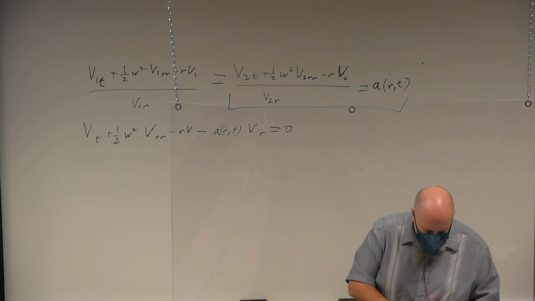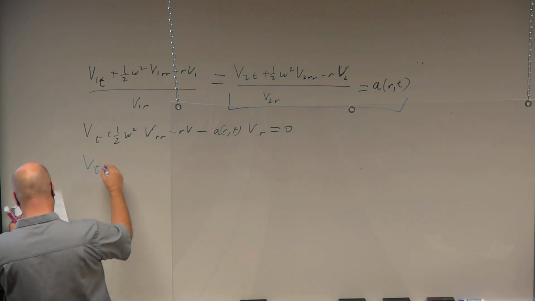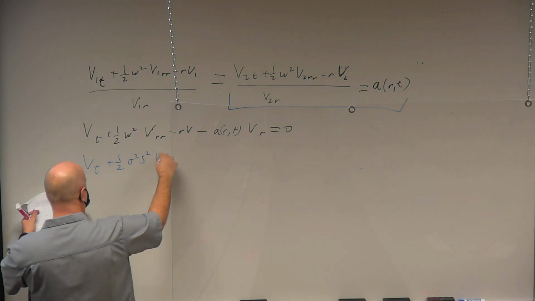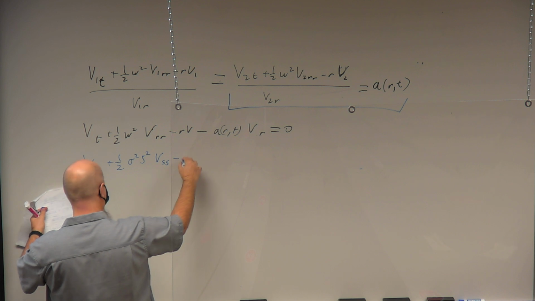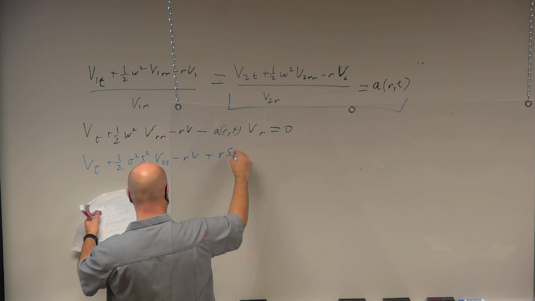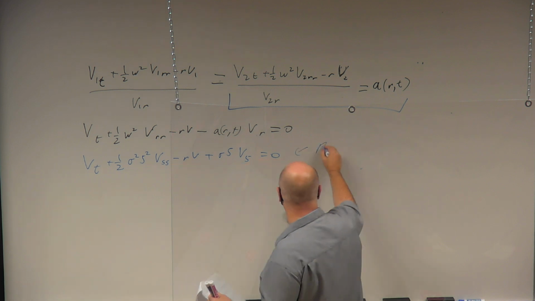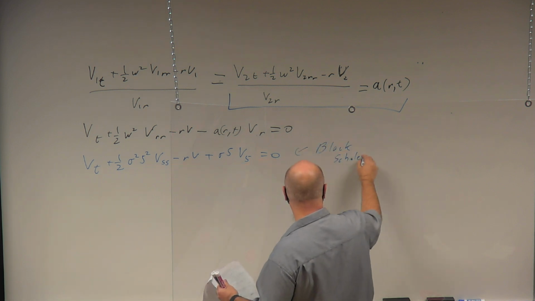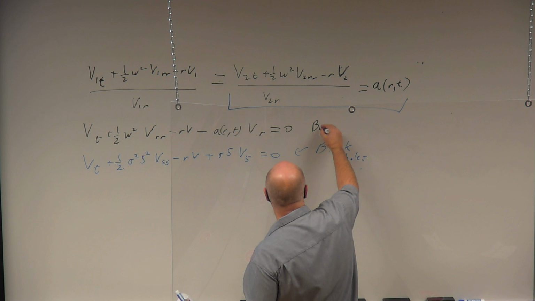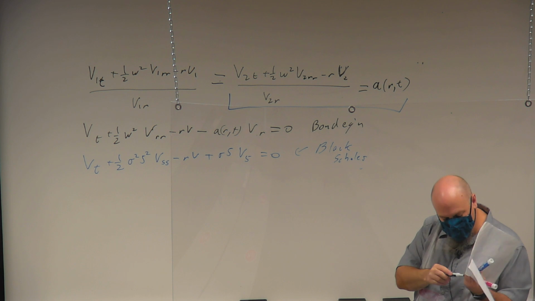Why? Because I'm going to write the Black Scholes equation underneath it. So this is our bond equation as compared to our Black Scholes equation.